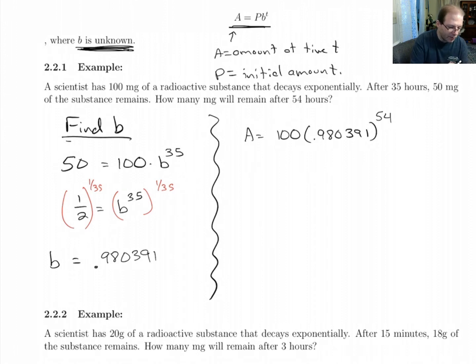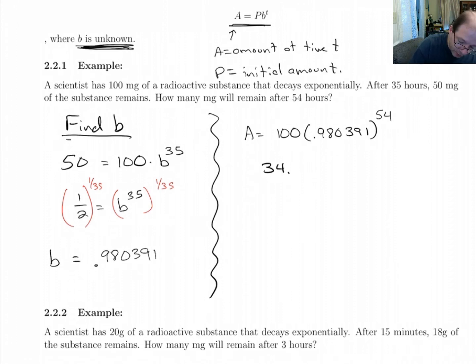And I get like 0.34 something. I'm going to multiply it by 100, and I get 34.321 milligrams.